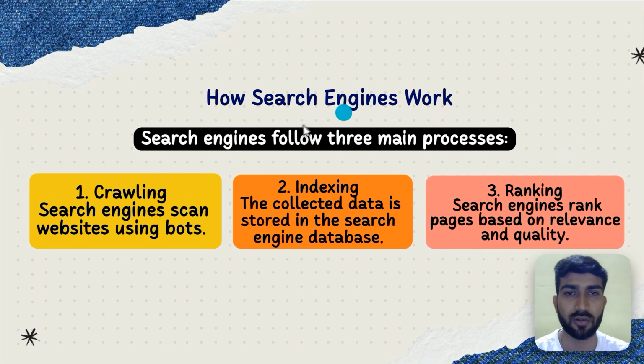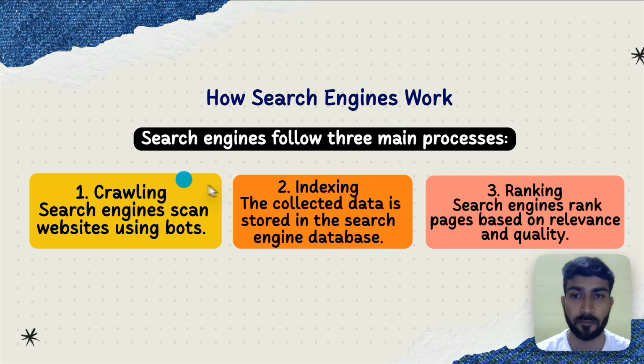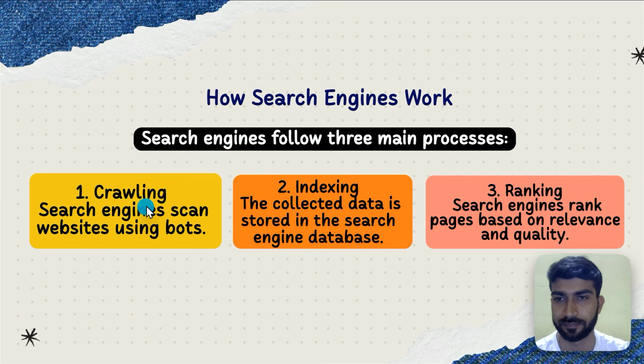Okay, now how does a search engine work? This is very important. First, Google will crawl all your website. Second, indexing. Third, ranking. This is the final result, or the final step we need to get. In the first stage we start crawling, second stage indexing, third stage ranking.